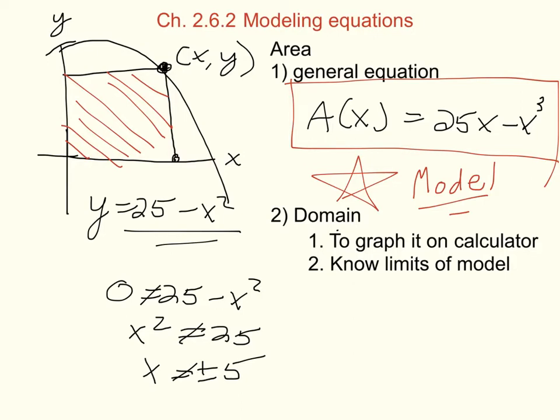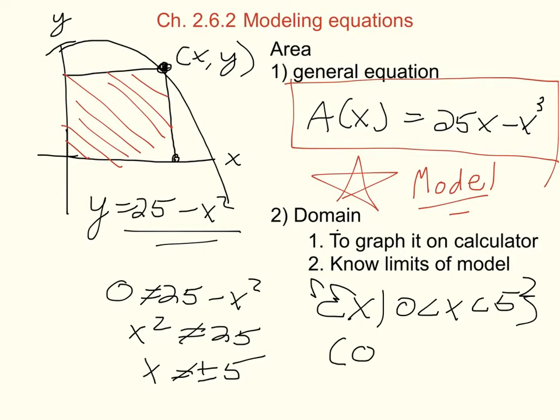Past that point, we're going to have negative area. You could write that one of two ways. You could write x such that x is greater than 0 and less than 5, or I actually use this notation more often because it's pretty simple.